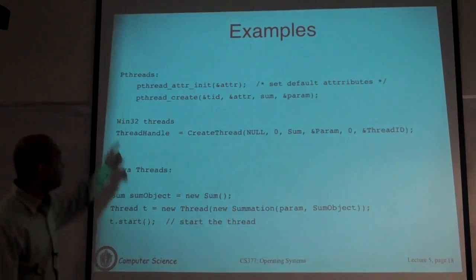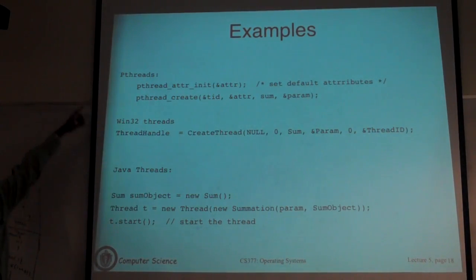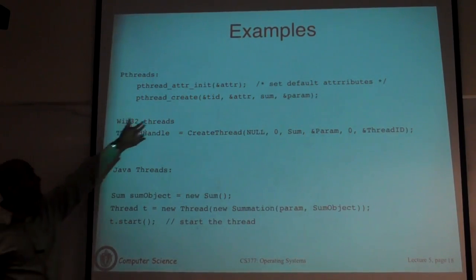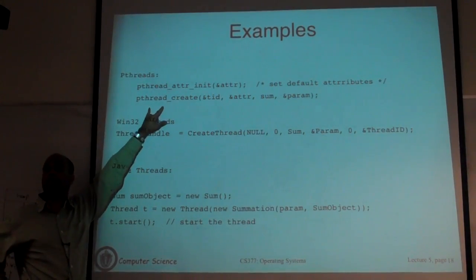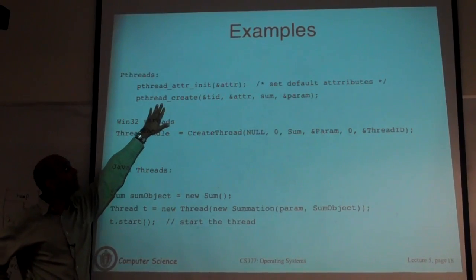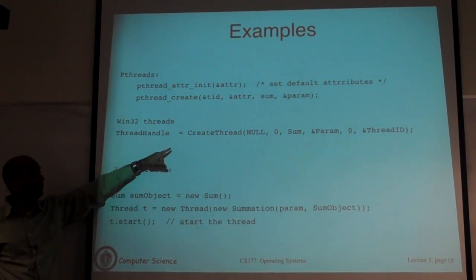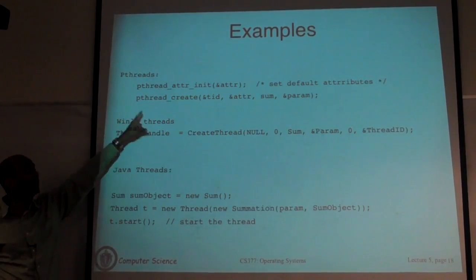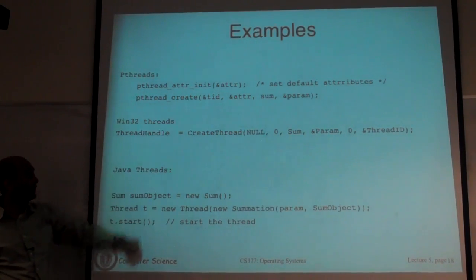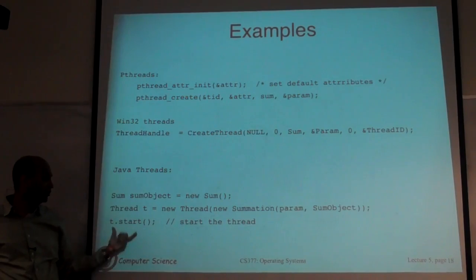Okay, and I'll show you a couple of examples so you can do thread management. So here are some small snippets of code that show POSIX thread creation, Windows thread creation, Java thread creation. Okay, so you are basically going to use pthread_create to create a new thread in C or C++. In Win32, you are going to call the CreateThread equivalent call, different API. In Java, you'll just say new Thread and call t.start.